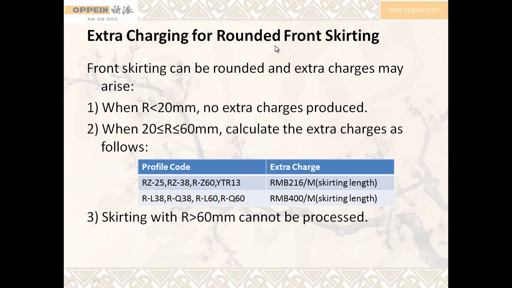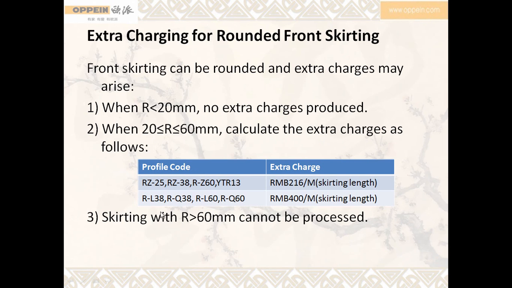Actual charging of rounded front skirting. Front skirting can be rounded and actual charges may arise. 1. When R is less than 20 millimeters, no actual charges are produced. 2. When R is between 20 and 60 millimeters, calculate the actual charge as follows.